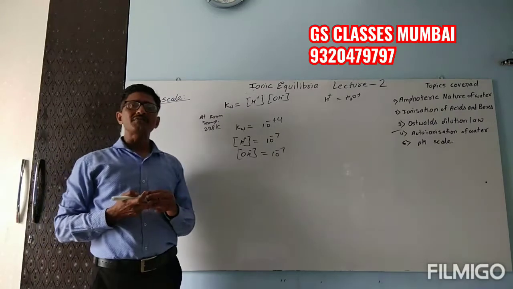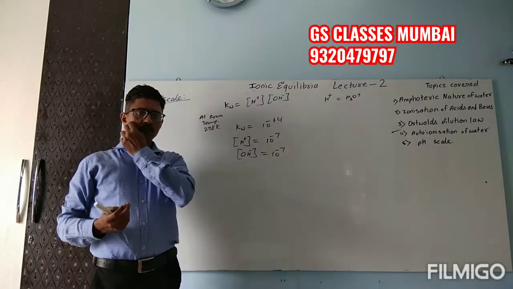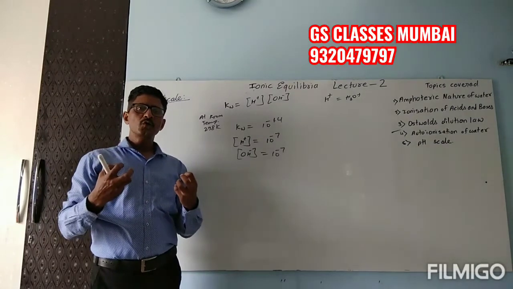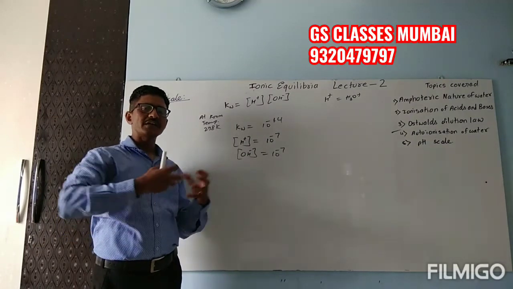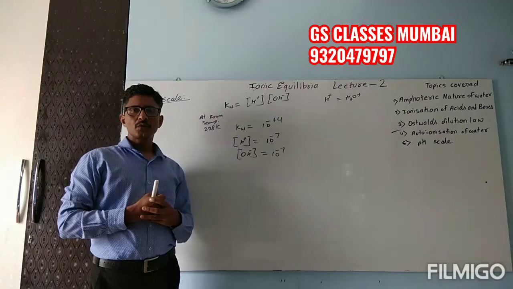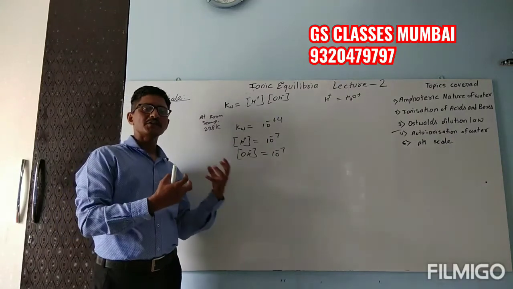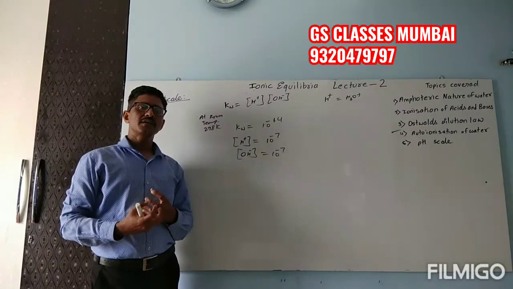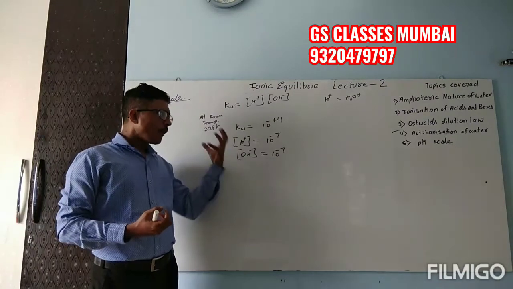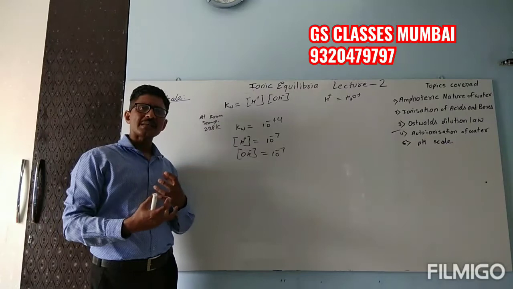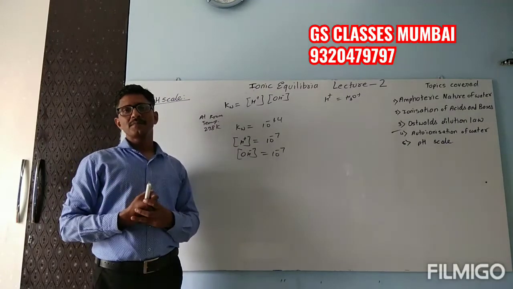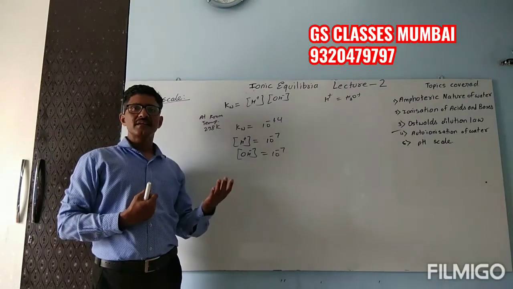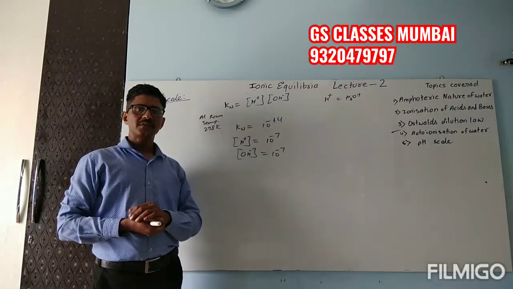Actually, this language of 10 to the power was not easily understandable by the people who are not from the science field, who are not from the field of chemistry. Hence, this complicated thing was expressed in a simplified way, so that even the people of other fields can understand.